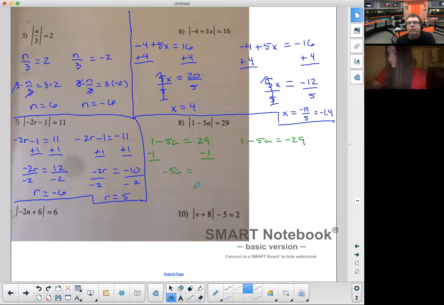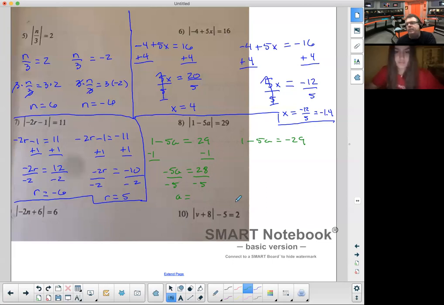What's that little symbol in front of that 5a in the equation? Oh, negative 5a. And then you subtracted 1 on the left, so we have to subtract on the right. So then that's 28. Good. So negative 5a equals 28. So we divide by 5.